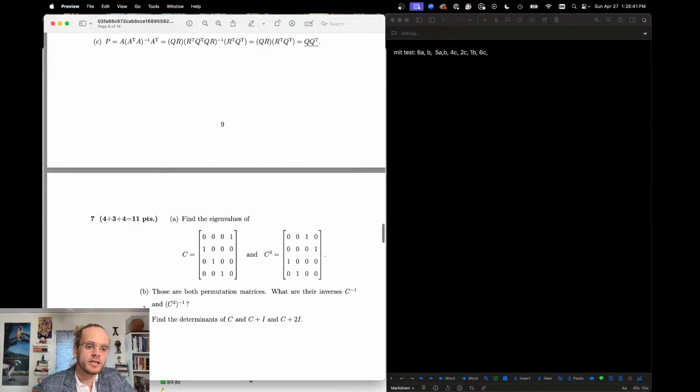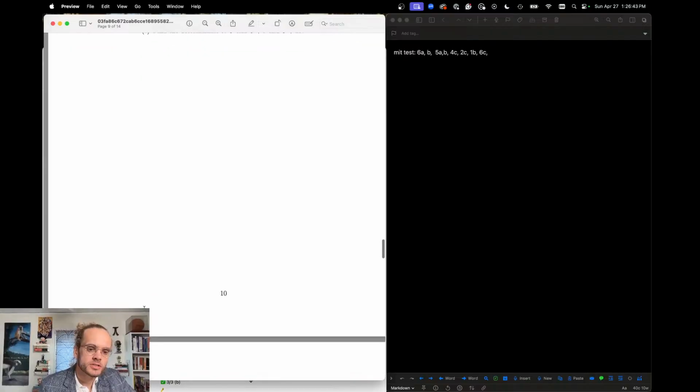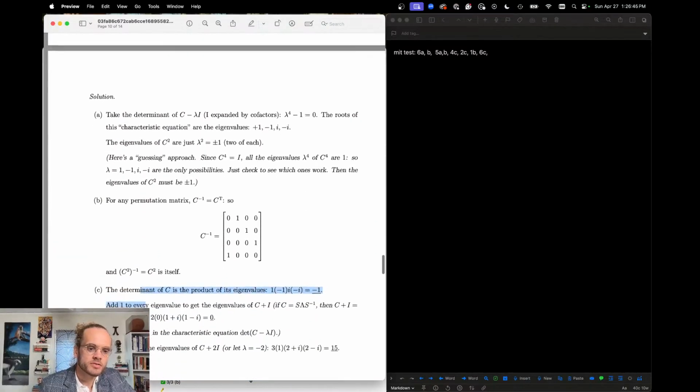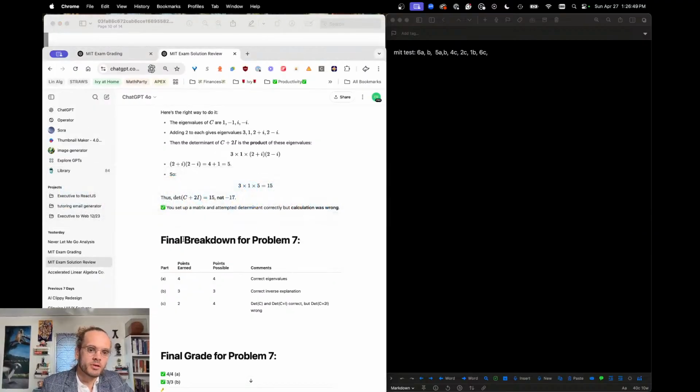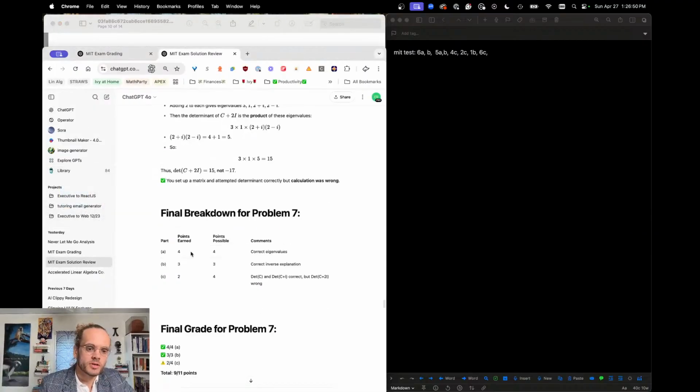Okay, so for any permutation matrix, their inverses are themselves. What did I say? I think I probably did a lot more work. I got it right.